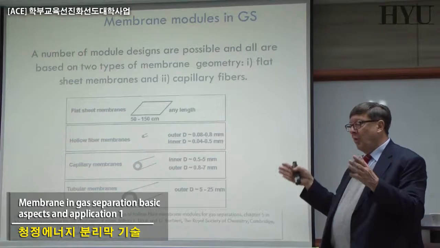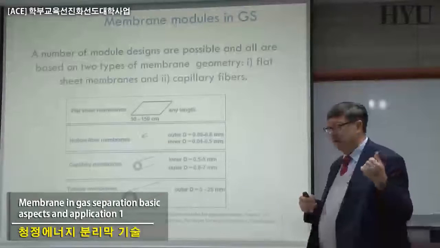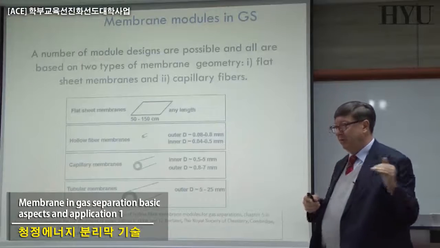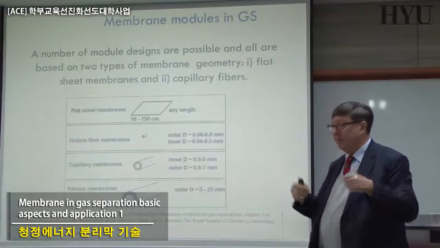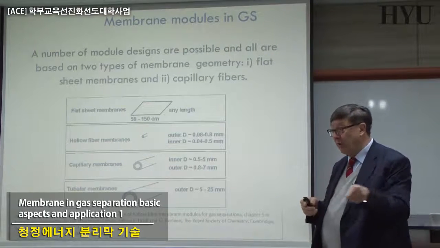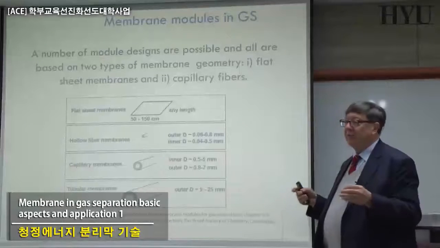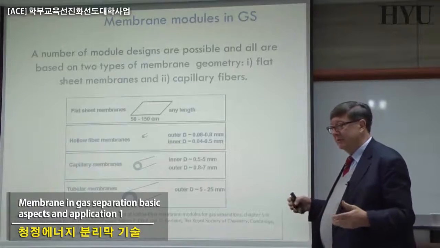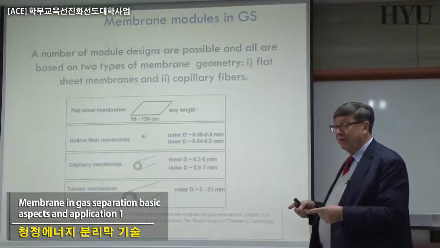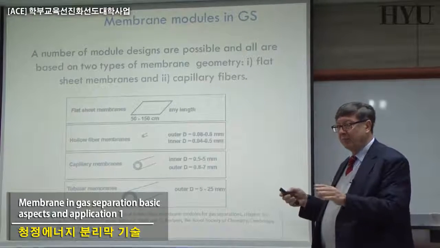Each one of them is supposed to have the same performance as the single one. That means the pressure at the entrance and at the exit, the pressure drop along the module, and the cross-flow velocity on the membrane surface are supposed to be the same. So you have to make a good analysis of the pressure drop along the system, of the overall power of your pump, to have this kind of performance.